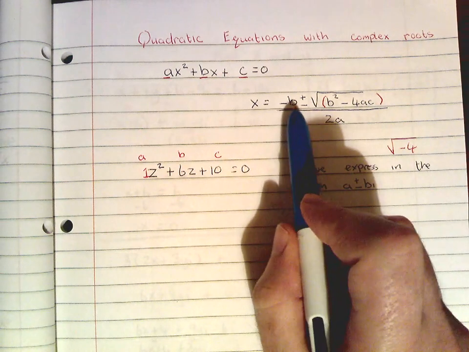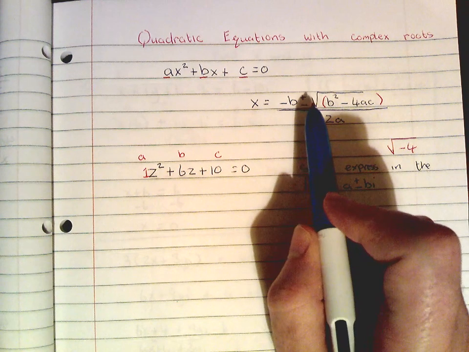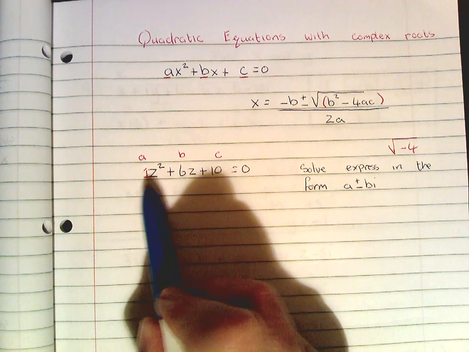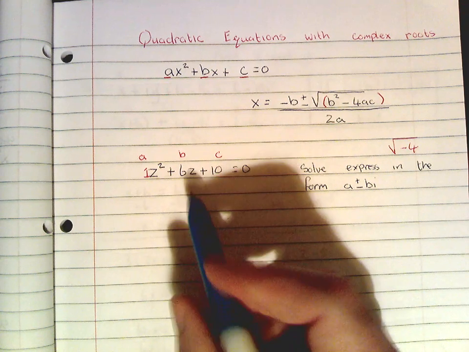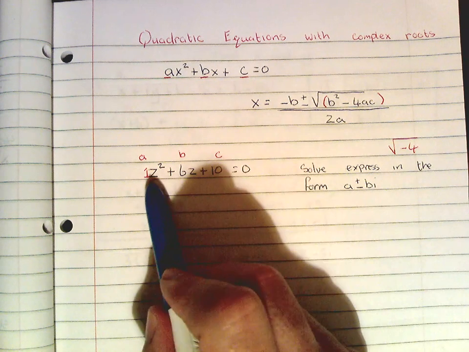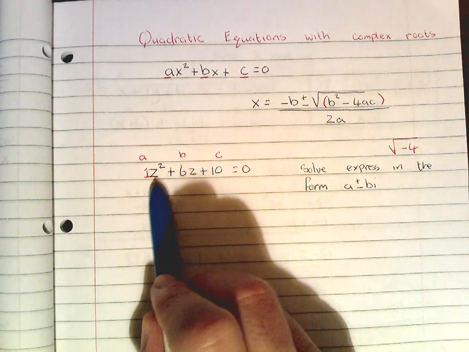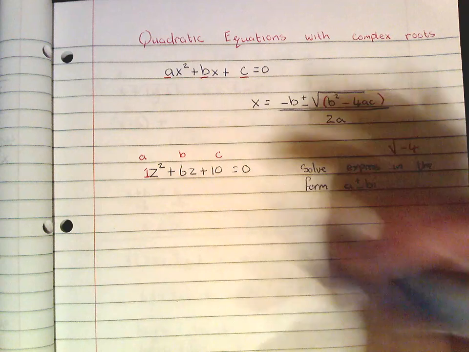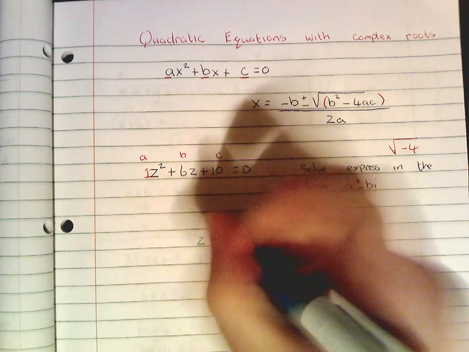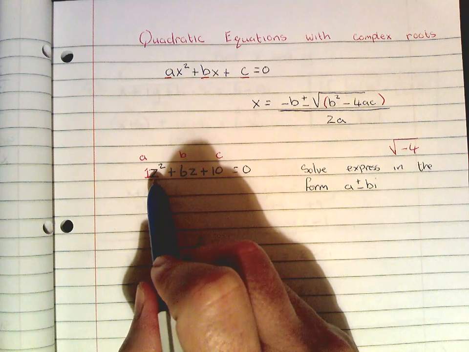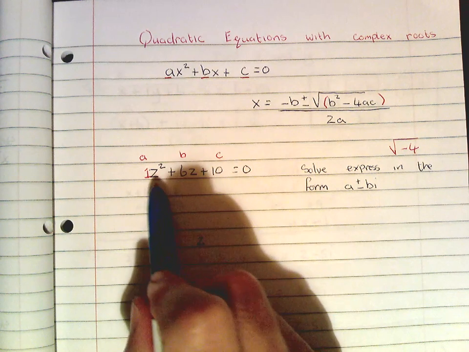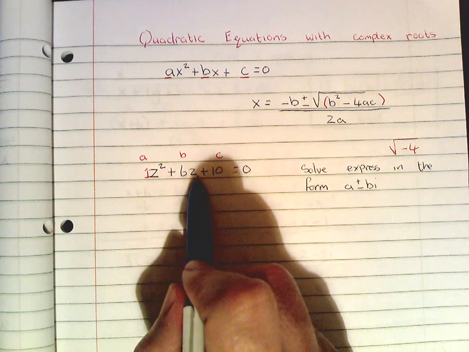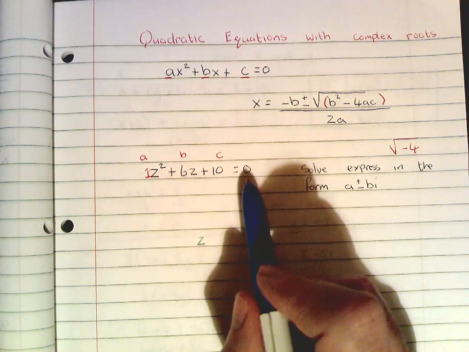Now we can use the quadratic formula to solve this. Instead of using x, we're just using z instead. So we're trying to work out what values of z, the roots of the quadratic equation, satisfy this equation, so that when you plug it in here, it works out to be 0.